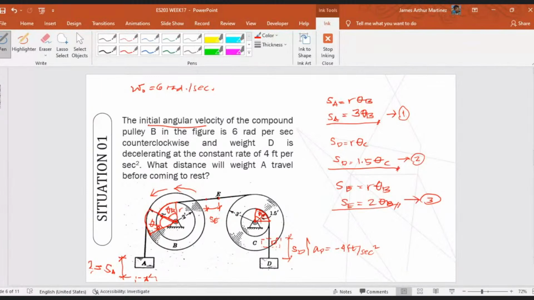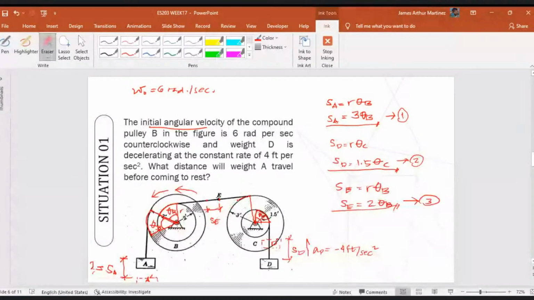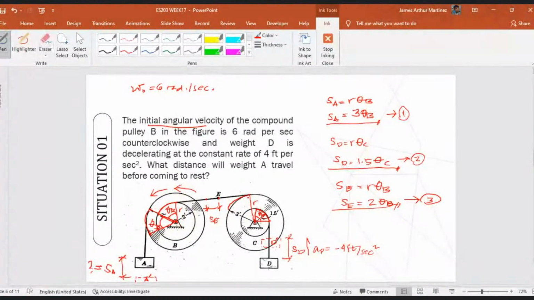Your linear displacement at E, in terms of pulley C, would be equal to the radius where it is connected times the angular displacement of C. So SE is equal to the radius times the angular displacement of C, where the radius at point E is 3 feet.